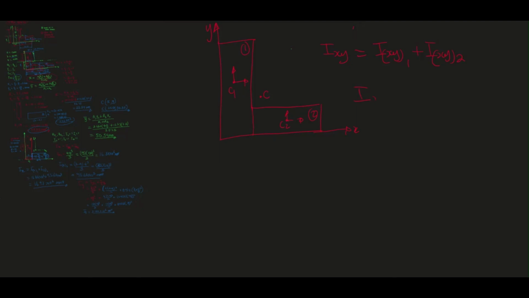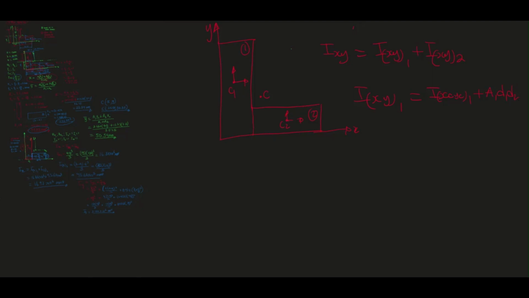So Ixy 1 is equal to Ix'c y'c, this we are speaking about the centroid of 1, plus area of 1 multiplied by d1 d2.